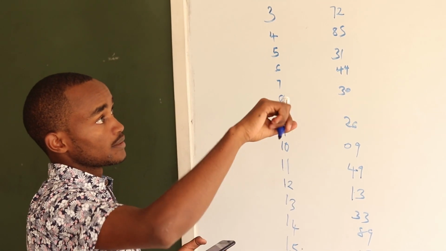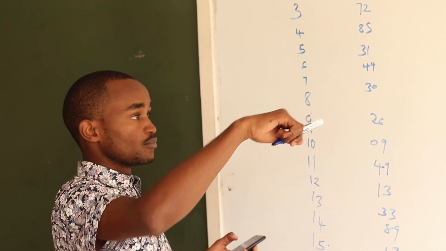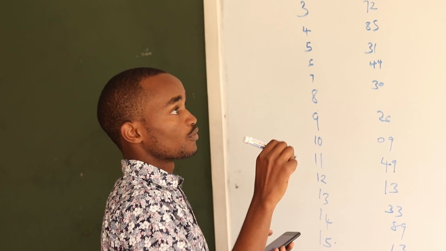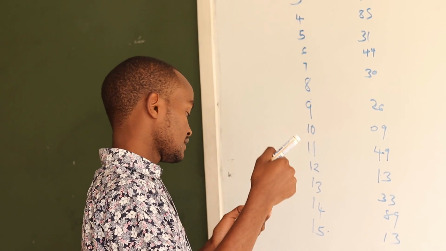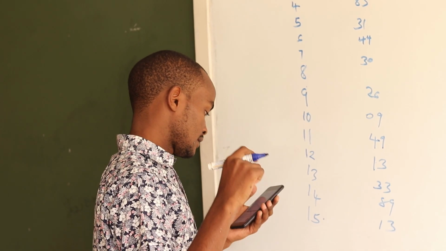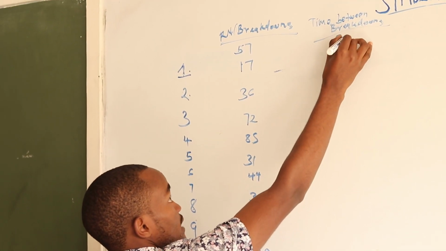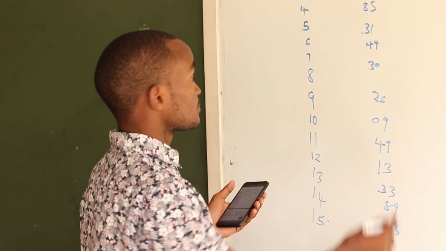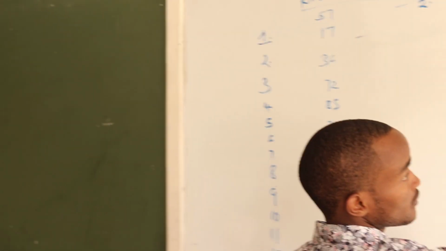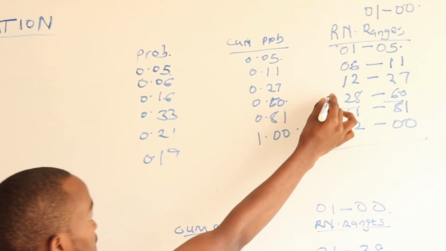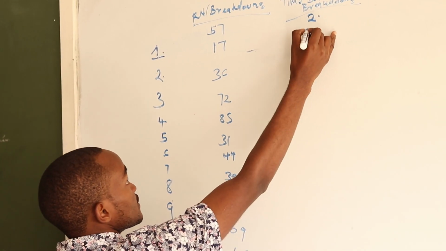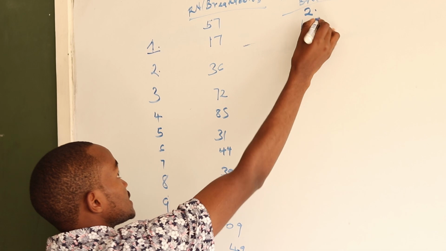And as per what we prepared in the table, the time for 57 is 2. So the first one is 2 hours. So the second random number is 17. So it lies between 12 and 27. So the hour for breakdown is 1.5 hours.